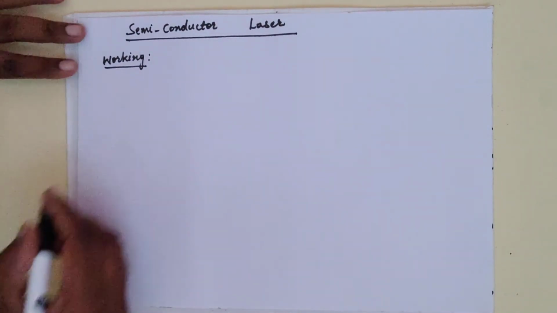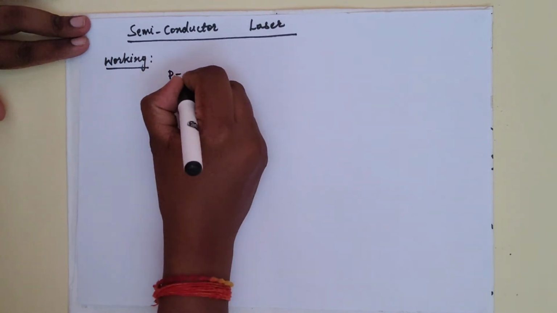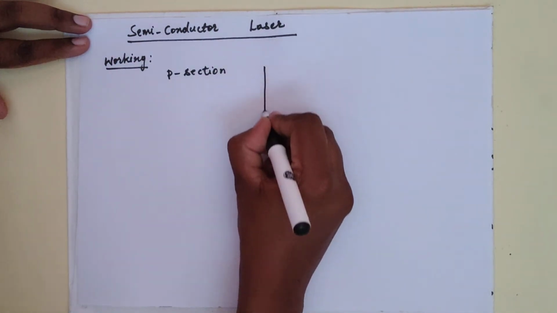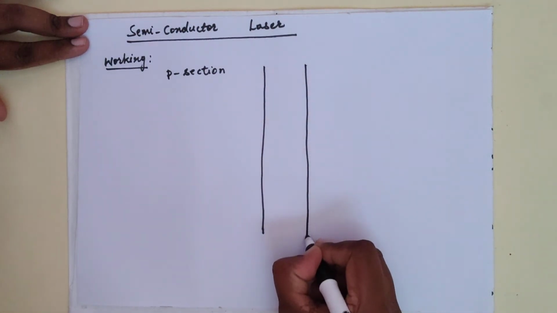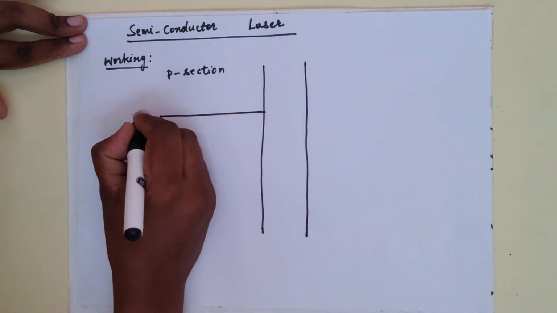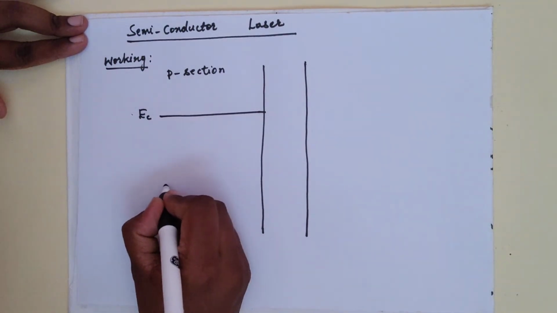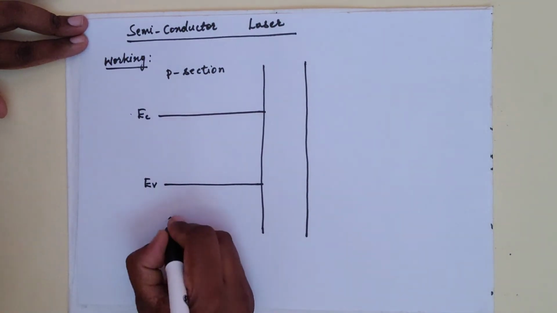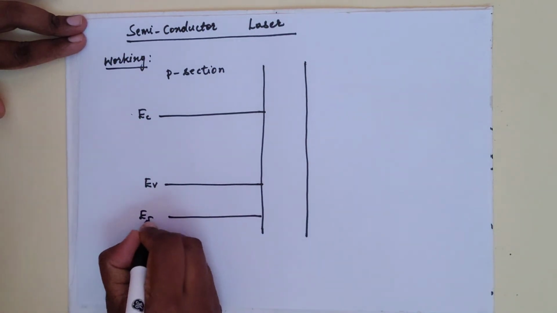Next we will see the working of semiconductor laser, where I will write the energy level diagram. Here we have a P section, and in between a barrier region, the junction barrier. I have a conduction band with energy EC, and a valence band, and the Fermi level in the P section.